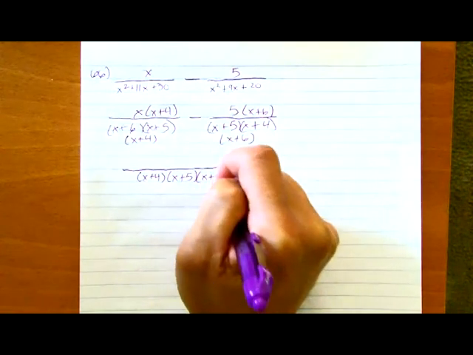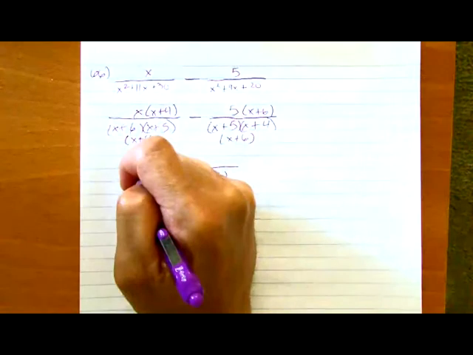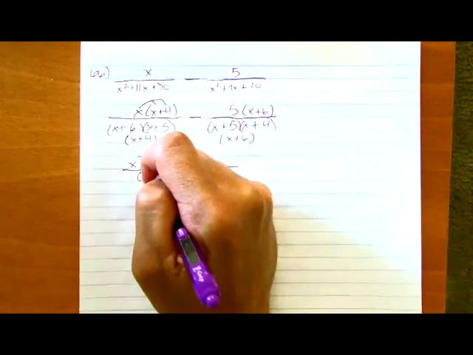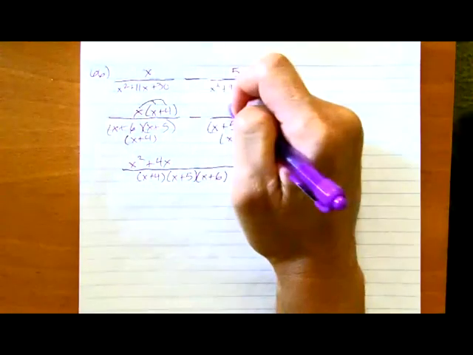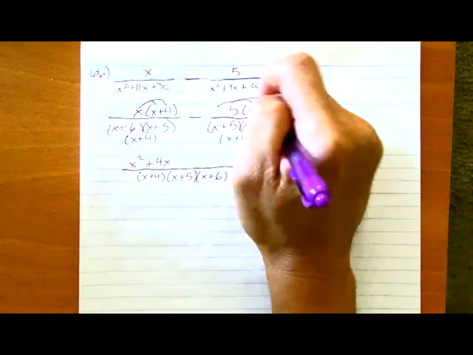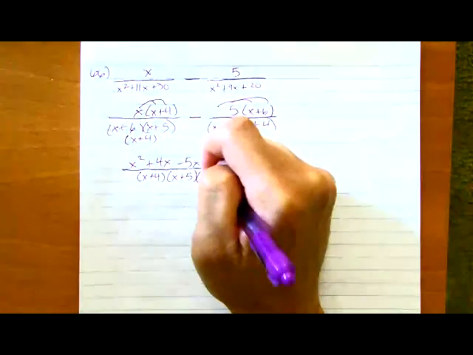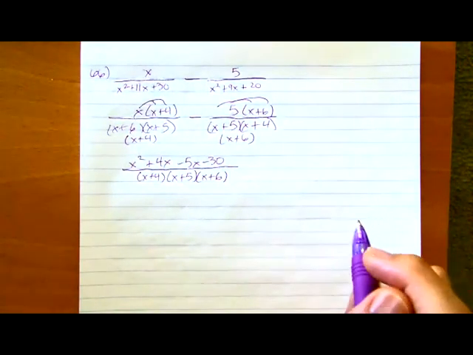We're going to combine it over one denominator. We're going to distribute the top. So x multiplies to give us x squared plus 4x. This negative 5 distributes to both. Negative 5x minus 30.